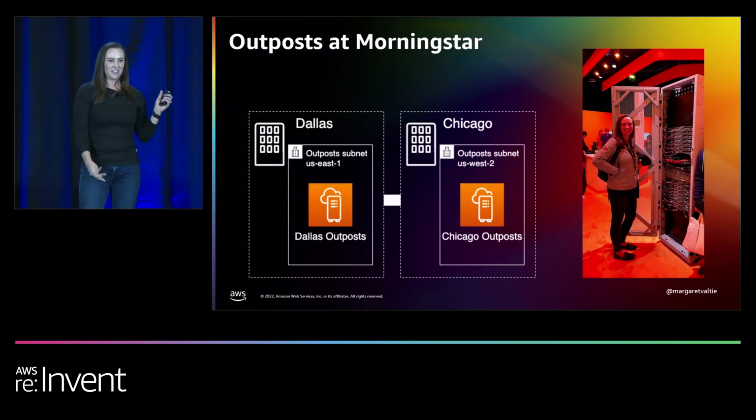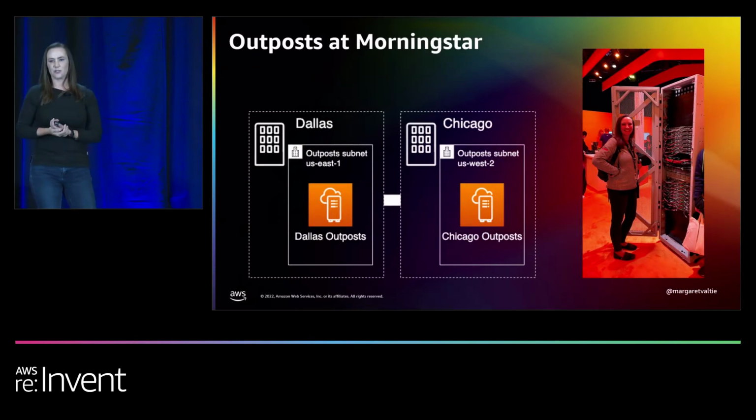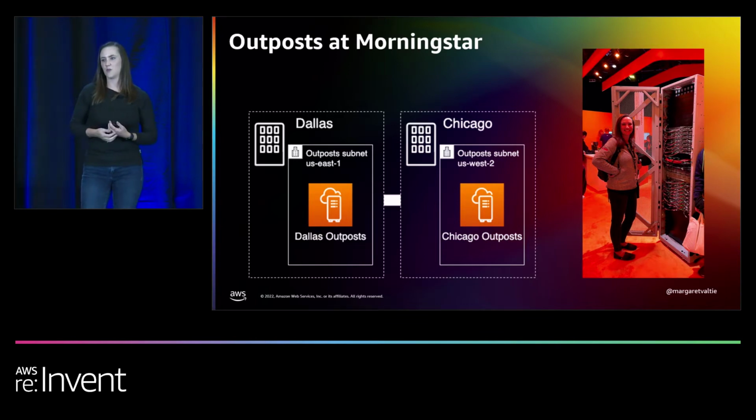So here's me last year at re:Invent standing next to a 42U rack, Margaret for scale. We initially bought one Outpost in Dallas, which is our primary data center, and then we bought a second one in Chicago, which is our DR facility. And then logically, we put those in the AWS regions that are our primary and DR regions. So Dallas is logically US East 1, and Chicago is US West 2 for backup.